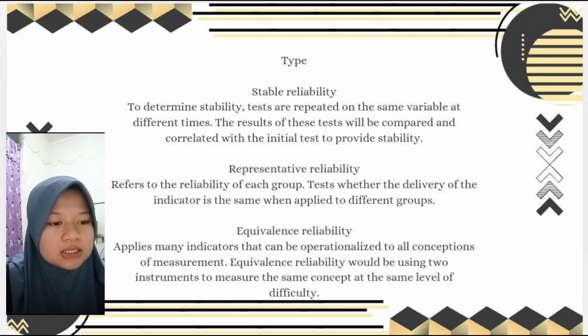Equivalence reliability applies many indicators that can be operationalized to all conceptions of measurement. Equivalence reliability would be using two instruments to measure the same concept at the same level of difficulty.